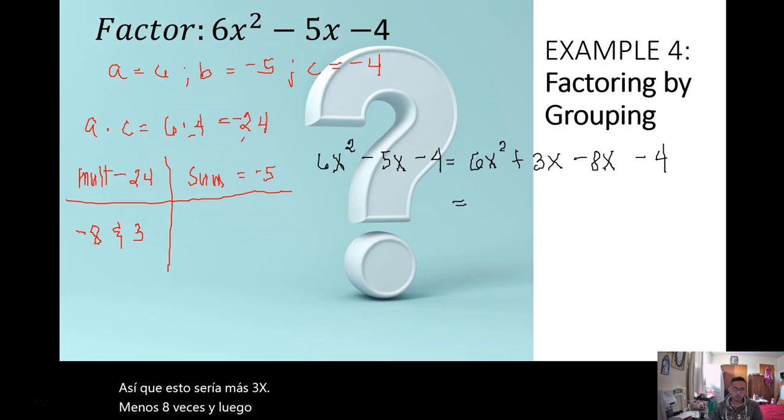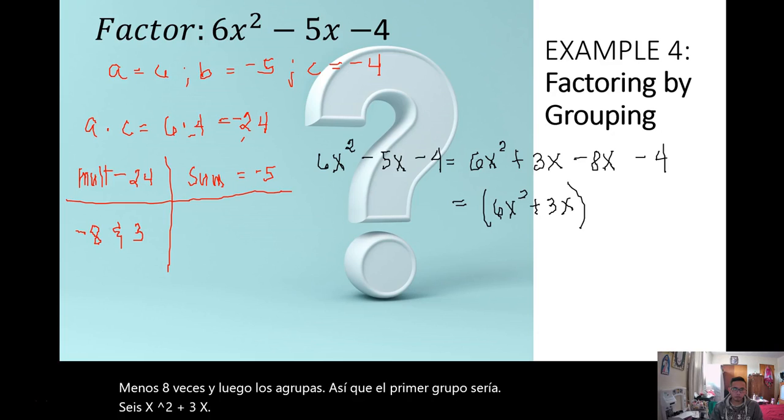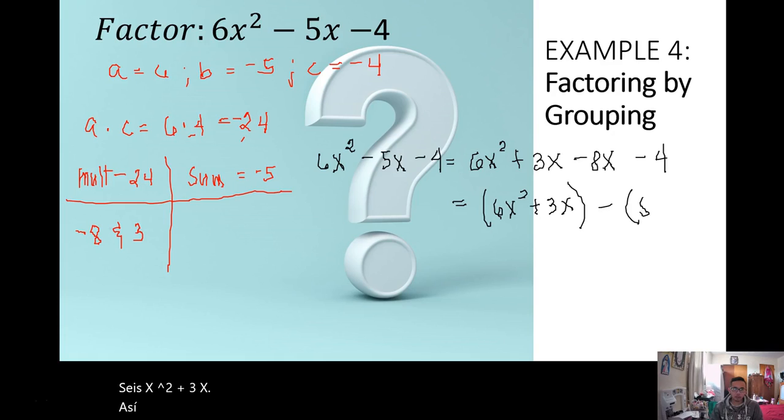So the first group would be 6x squared plus 3x. Then minus 8x, and then that would be plus 4, because it's inside the parentheses of the minus here.